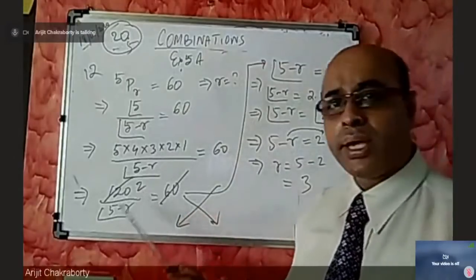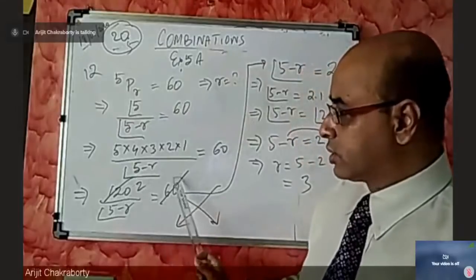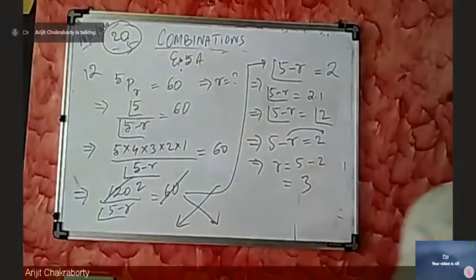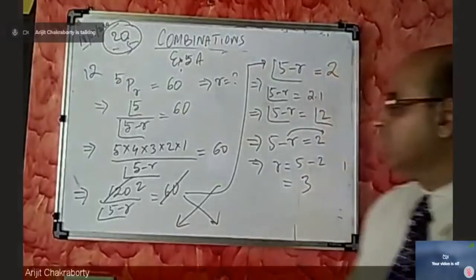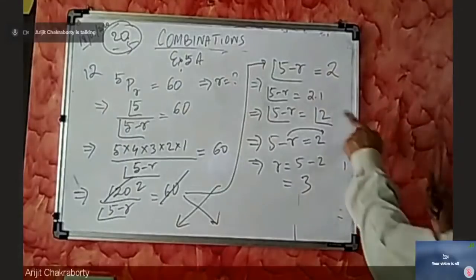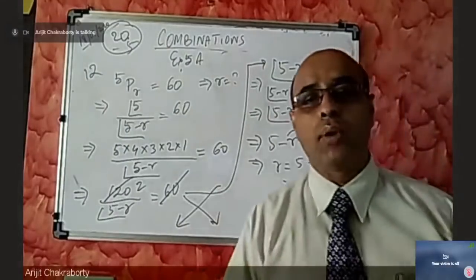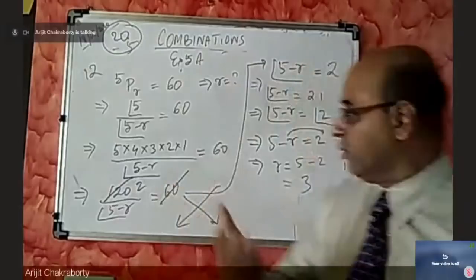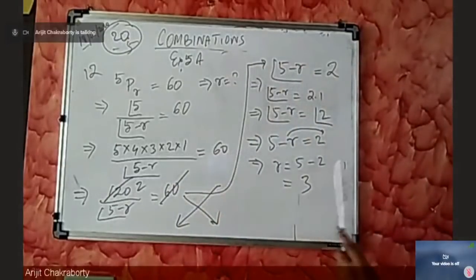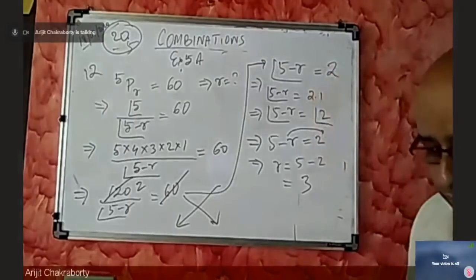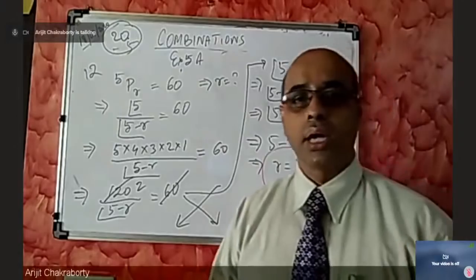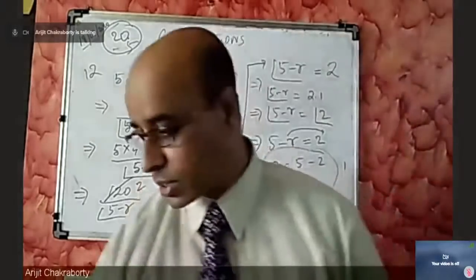By simplifying it, 60 into 2 is 120, so we get 5 minus r equal to 2. 2 is nothing but 2 into 1, which means (5 minus r) factorial equal to 2 factorial. From there, we get 5 minus r equal to 2, which means r is equal to 3. I hope you have now arrived at this result and you are clear about the entire process.